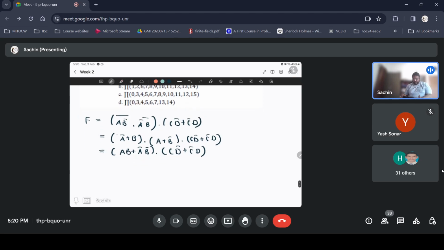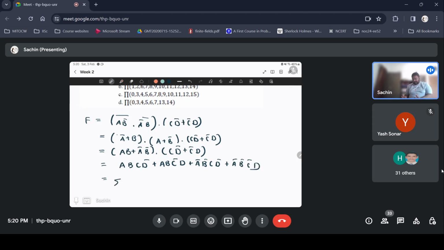Now we again use the distributive law. This can be written as AB C D bar plus AB C bar D plus A bar B bar C D bar plus A bar B bar C bar D.